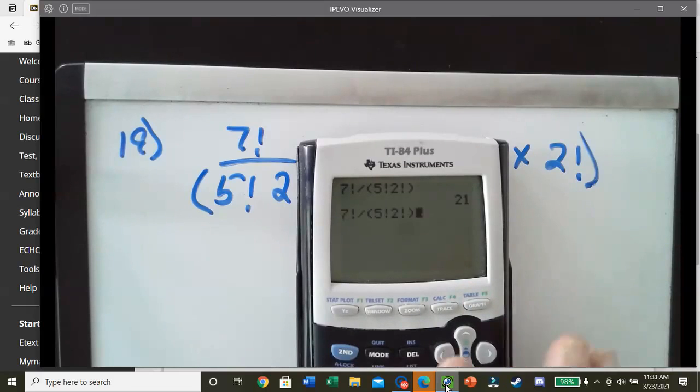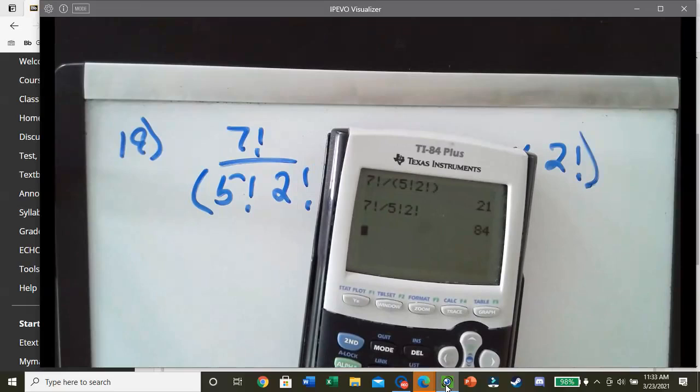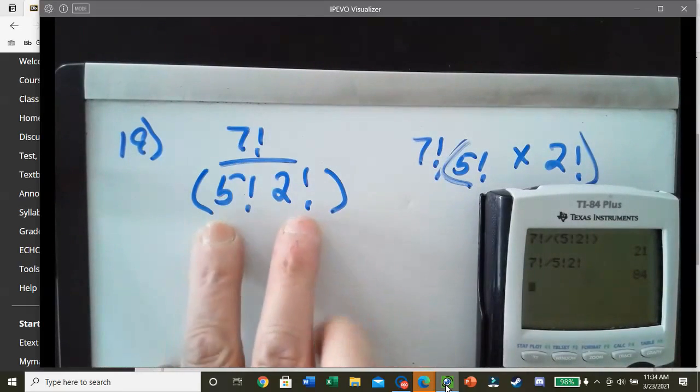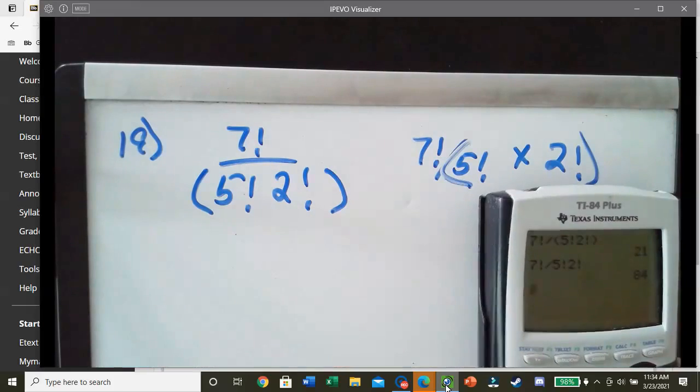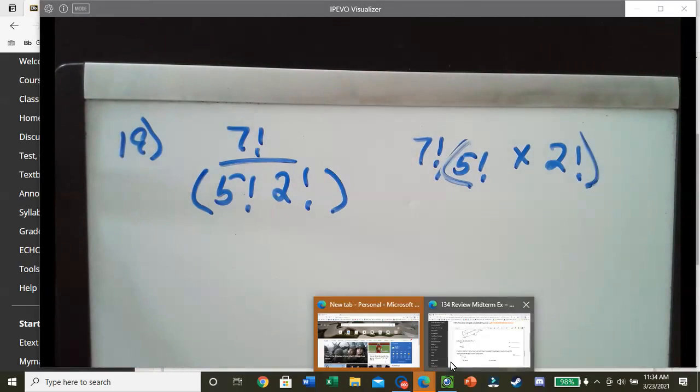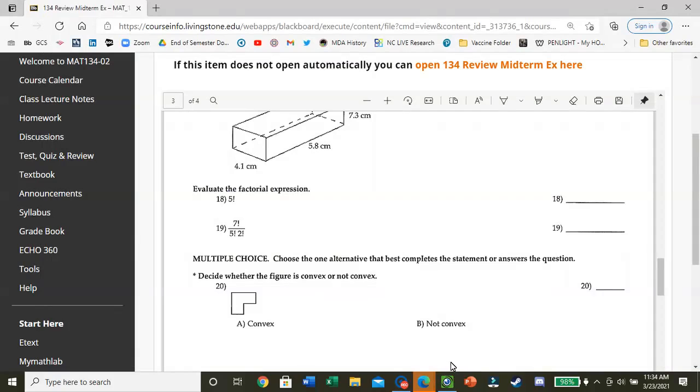Let's hit second and enter, and if we were to delete the parentheses, you get a different answer. So you have to be careful with the parentheses, all right? When you get two terms like this that are dividing into one, you have to use parentheses if you're going to do it all in one step on the calculator, okay? All right. Any questions with 20? All right.